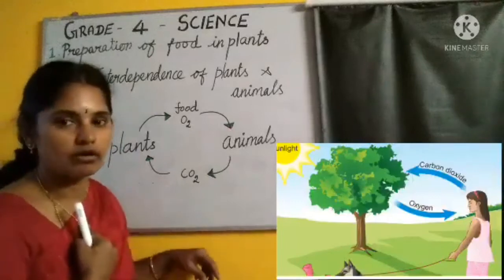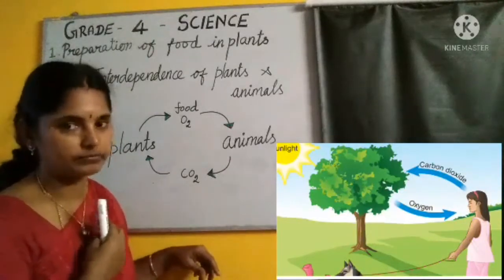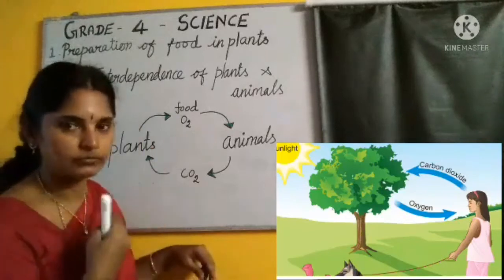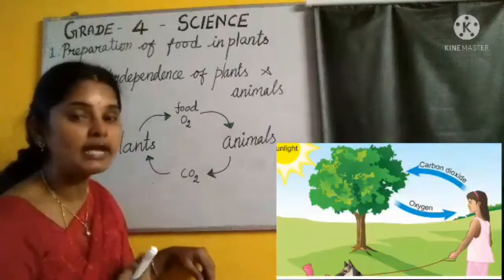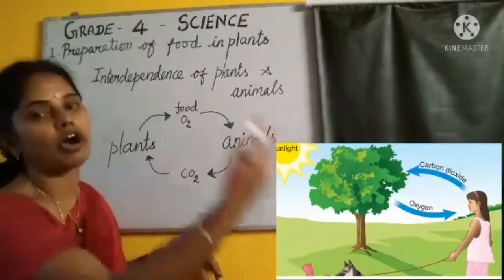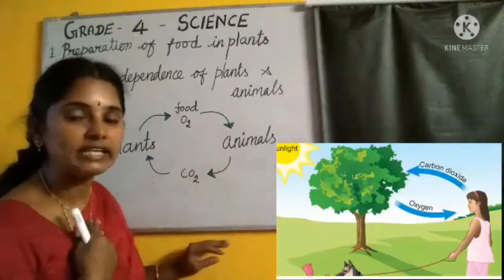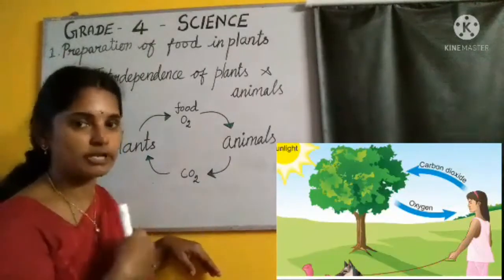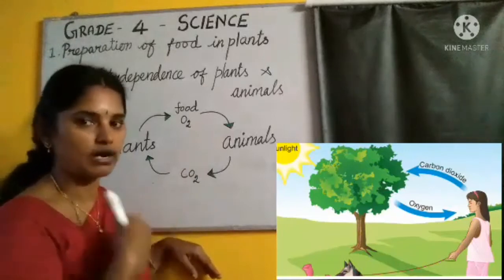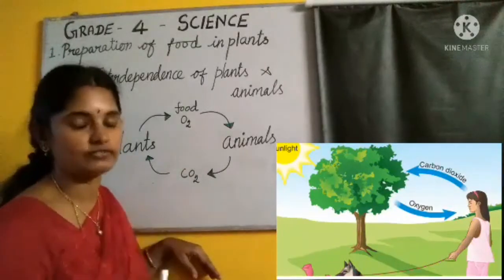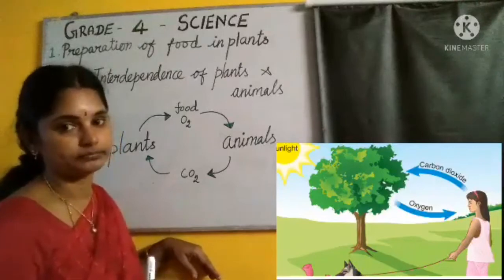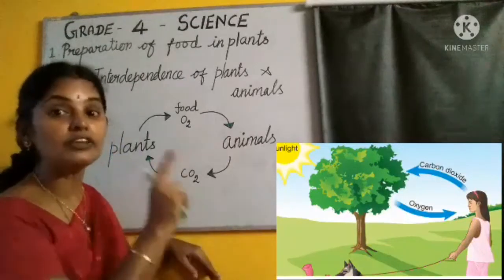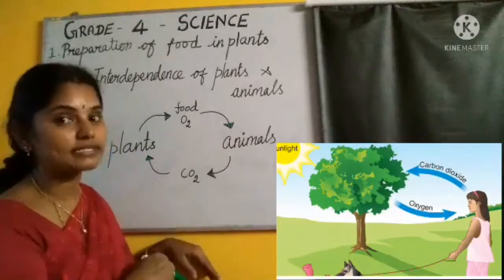See, we are human beings. So animals also. We breathe in oxygen, உள்ளே எடுத்துக்கிறோம். We breathe in oxygen, whereas we breathe out carbon dioxide. We need oxygen gas for breathing, respiration. மூச்சு வாங்க, உயிர் வாழ. We need oxygen. That oxygen is given out during the photosynthesis process in plants.